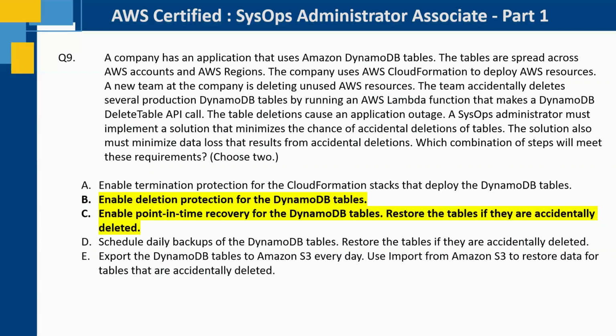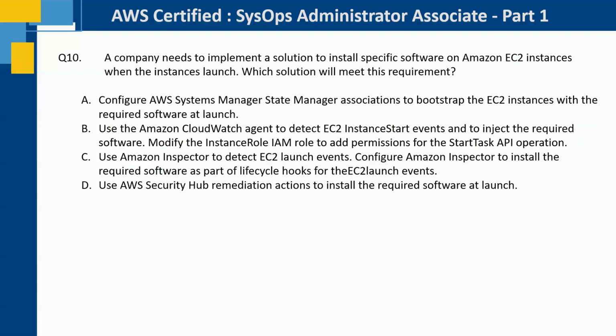Let's look at the 10th question of the series. A company needs to implement a solution to install specific software on Amazon EC2 instances when the instances launch. Which solution will meet this requirement? Your options are: configure AWS Systems Manager State Manager associations to bootstrap the EC2 instances with the required software at launch, use the Amazon CloudWatch agent to detect EC2 instance start events and to inject the required software, modify the instance role IAM role to add permissions for the start task API operation.